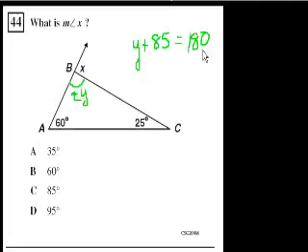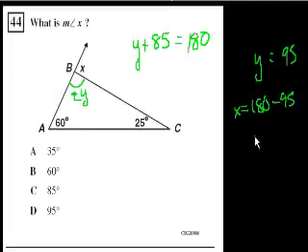You could subtract 85 from both sides, and you would get y is equal to 95, right? And then we could figure out x from y, because x is the supplement of y. So x is equal to 180 minus 95, and then you'd get 85. And that would be fine. That didn't take you too long. C is the answer.